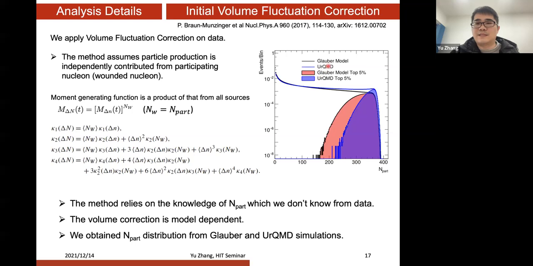One is a Glauber simulation, and the other is the UrQMD simulation. We see that there are differences between these two models. So that will bring different correction effects. So this method is model dependent. It depends on the impact parameter input.